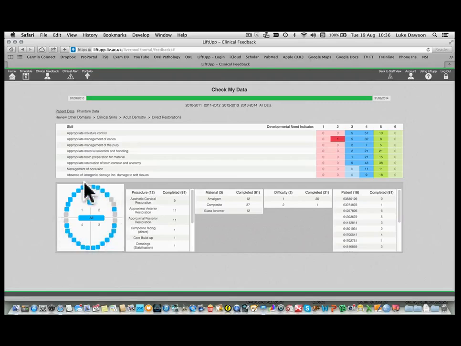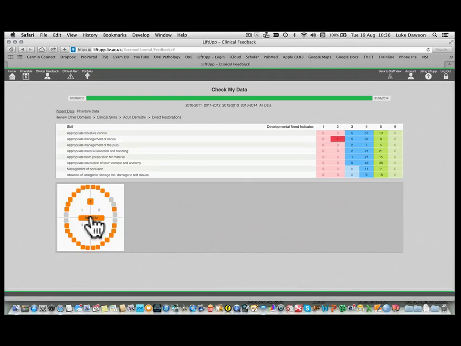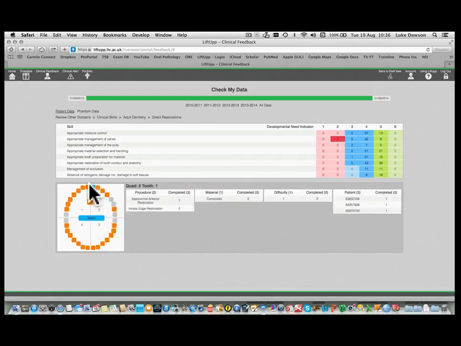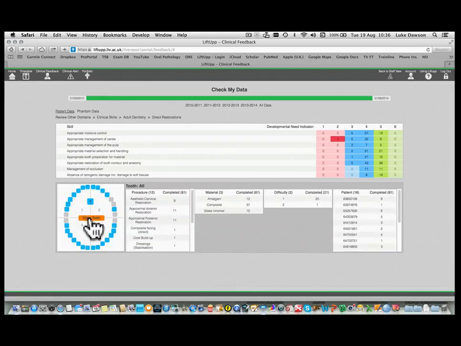This obviously is the mouth within quadrants. So I can see that this student has done anterior teeth in the uppers, posterior teeth, and I can even look at what happened at the level of each and every tooth. Over here it shows me the tooth surfaces and the types of activities that have been going on. Here are the materials and the number of completed teeth of those materials. This is difficulty, basic and complex.